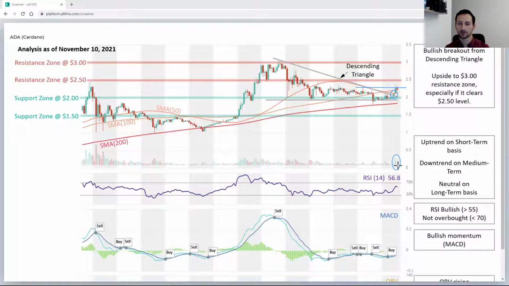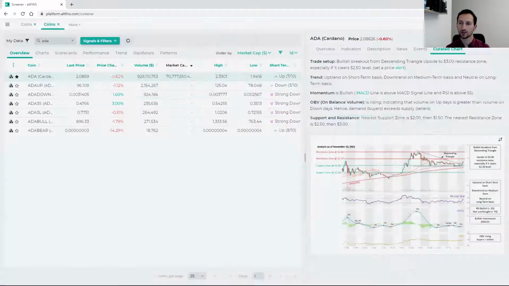So that's another confirmation of the conviction that the buyers had when they started buying it at these levels. So I'd say this is a solid breakout, and I would be actually very interested in buying this breakout from the descending triangle.